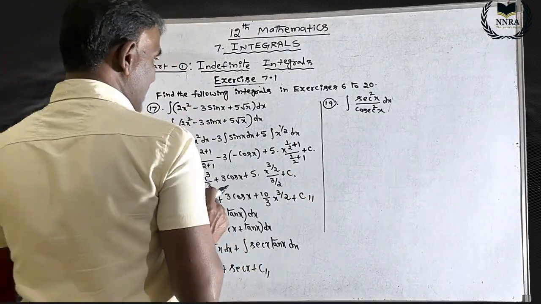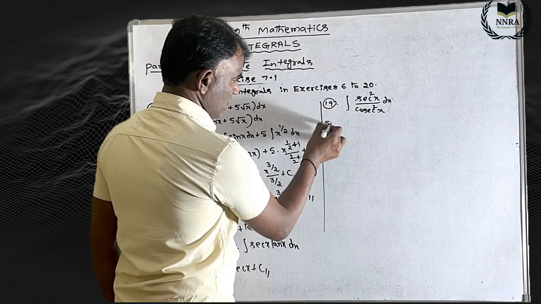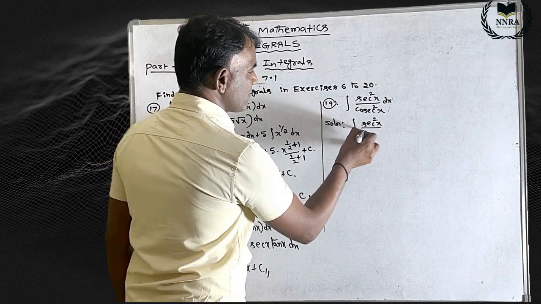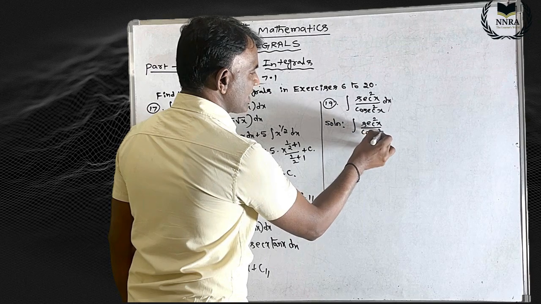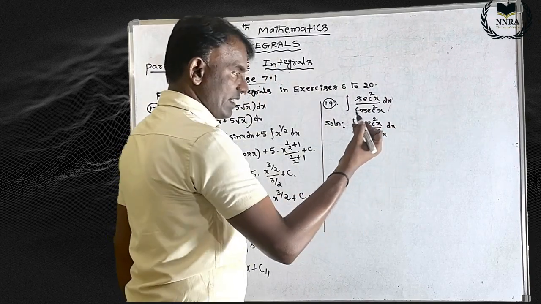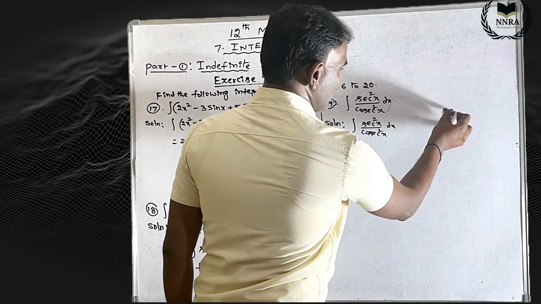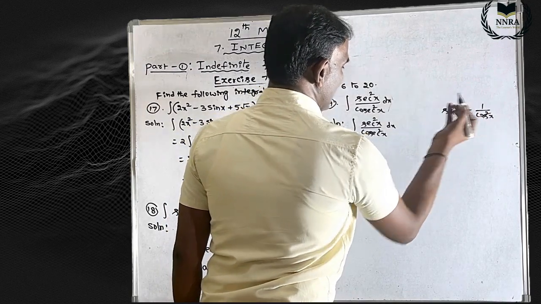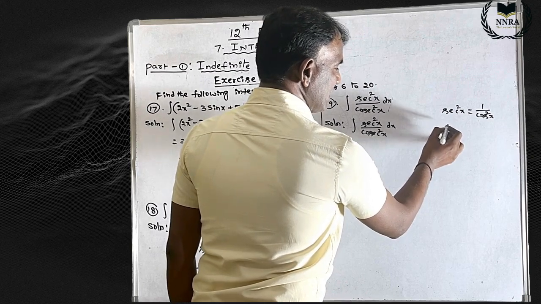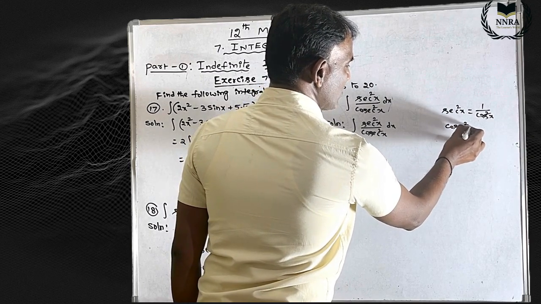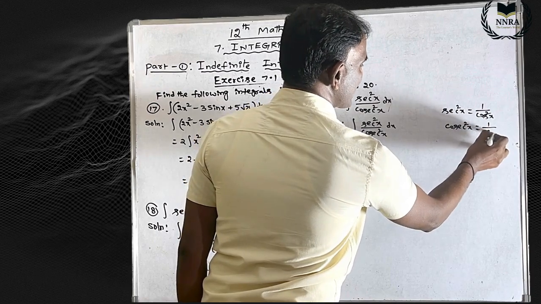Now question number 19. So given value is integral secant square x by cosecant square x into dx, right? And secant square x can be written as 1 by cos square x, correct? So this is one value. And cosecant square x can be written as 1 by sin square x.